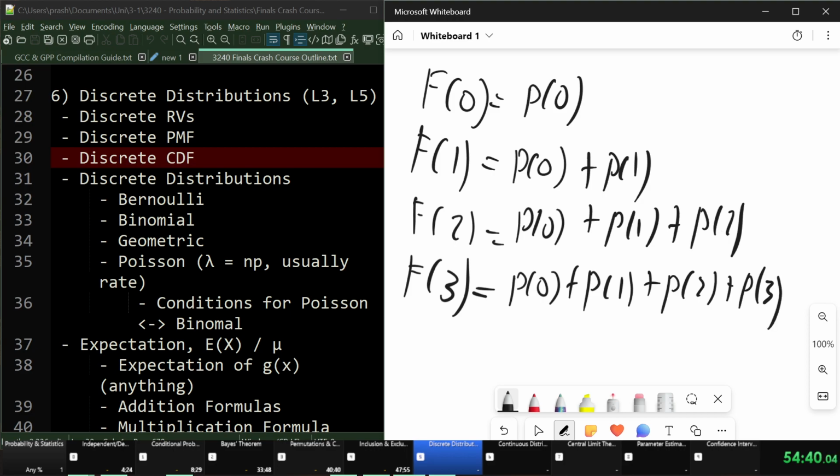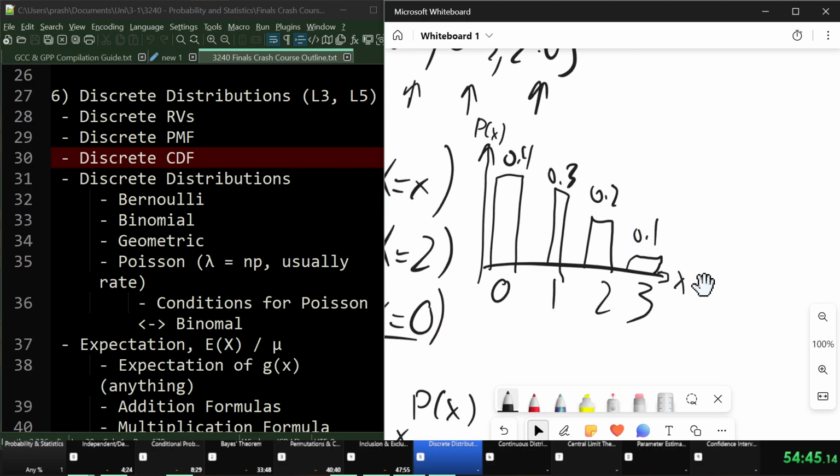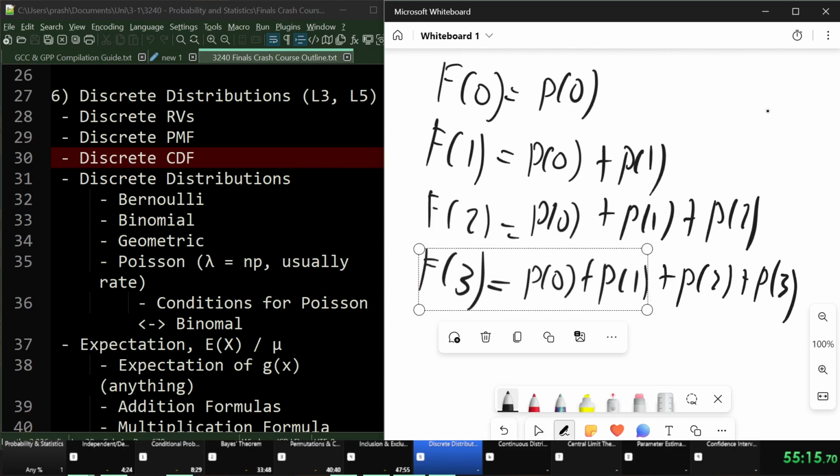And the cool thing is that, because let's say we drew our graph up here, we know that x will only have a certain range of values, 0, 1, 2, or 3. Which means that there's no event after 3. There's nothing here at all. So all the events that can possibly happen would have finished happening at 3. So if we were to add up all the probabilities, it should be equal to 1. Total probability is 1, because there's nothing else after 3. So let's say you're doing a CDF function and you want to check if it's alright.